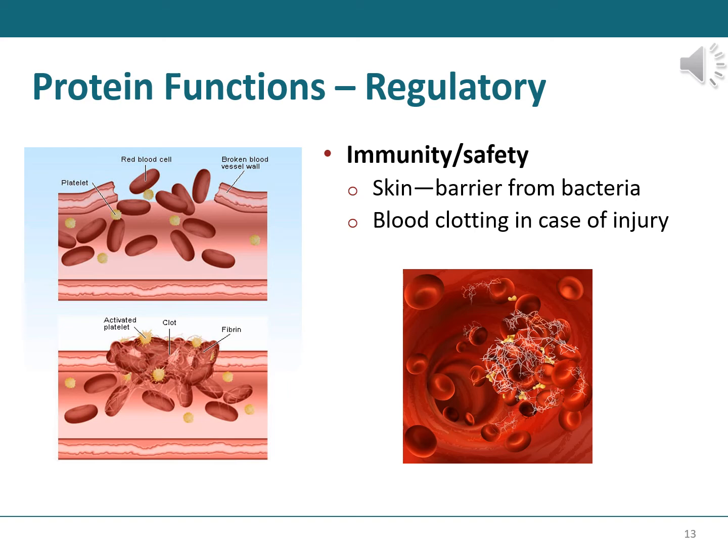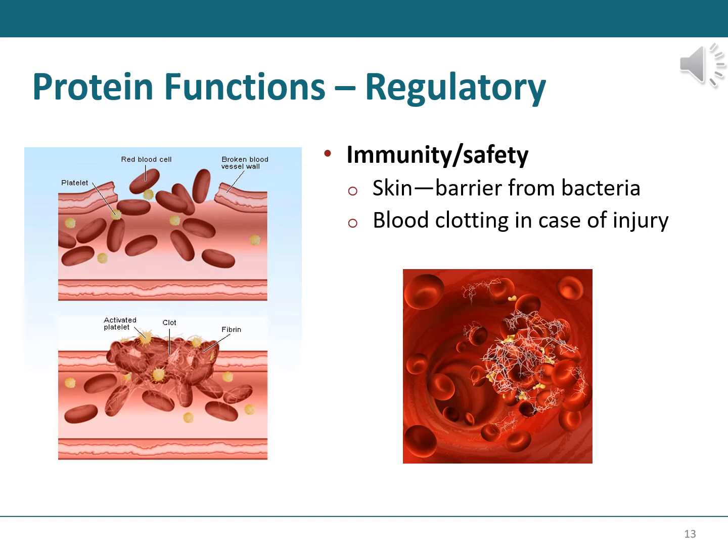By serving as a main component of the skin, protein helps to ensure that we have a good barrier from bacteria. And then on top of that, protein is responsible for releasing a chemical that, when the barrier of skin is broken and oxygen is exposed underneath the skin, sends out something called fibrin that causes the protein to bind to the blood vessels so that they clot.